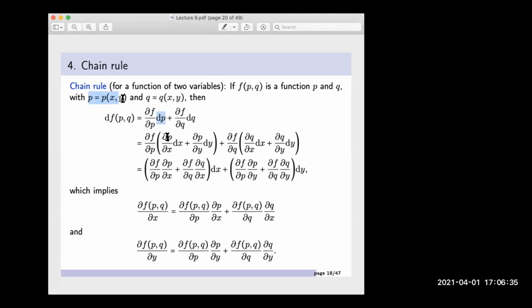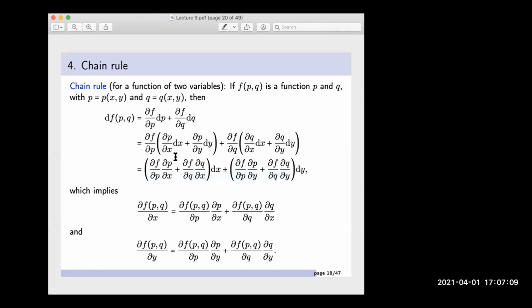So you replace dp by this, replace dq by a similar formula, and this gives you how much f changes. And we can collect the coefficient of dx, because this is something times dx, and there is another term times dx here. So you have these two parts times dx, and you have two parts times dy.